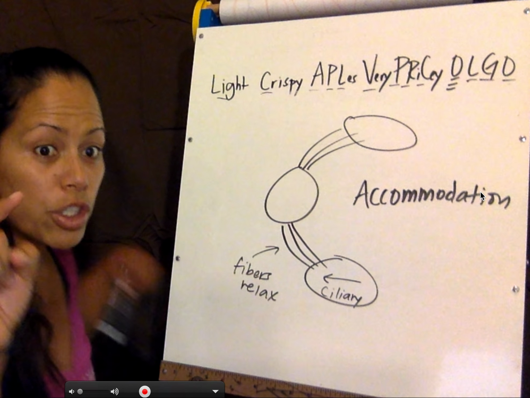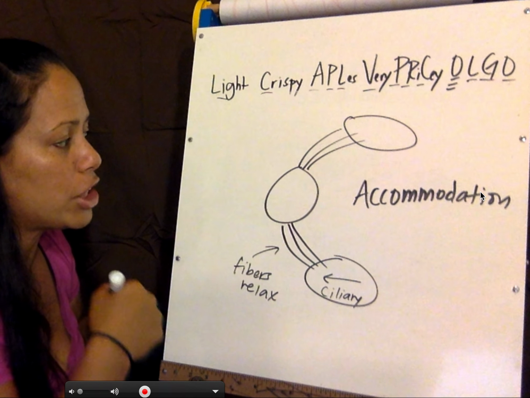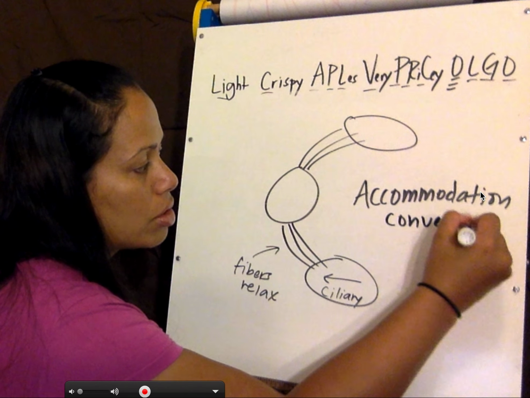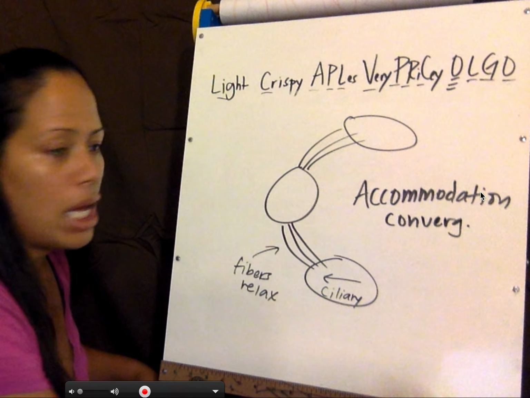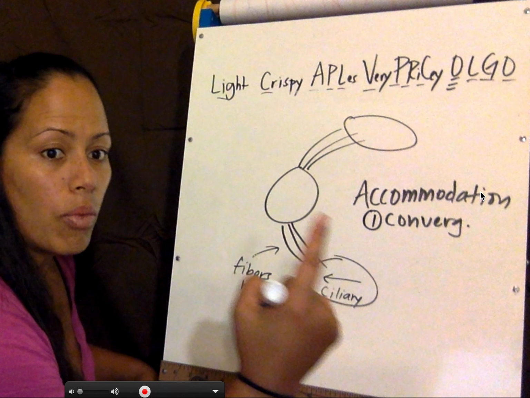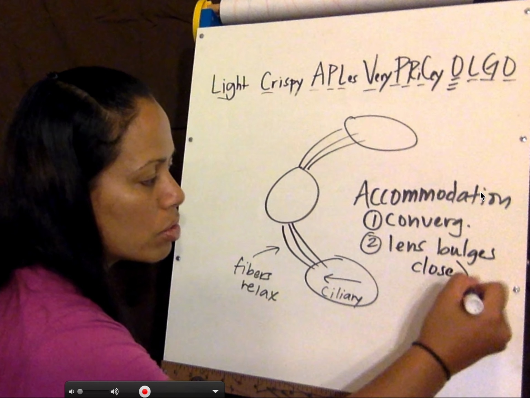I had to converge my two eyeballs. So part of accommodation is this. I converge the eyes. So there's convergence occurring. And then what is the second part of accommodation? Well, as an object becomes nearer, right, the lens must bulge. And why does it bulge? In order for you to see things that are coming closer at you.